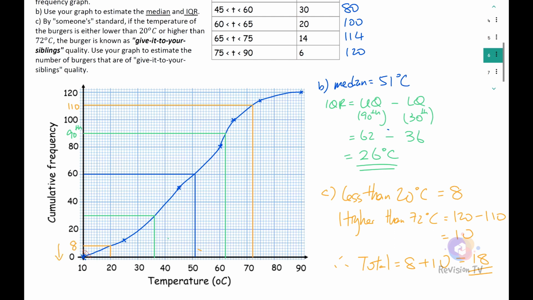And then higher than 72: when you go up from 72 degrees, there are about 110 burgers, more or less. You want it to be above 72, so as you stretch further away from the end of the graph, you do the same on the y-axis as well. So between 120 and 110, there are 10 burgers that are higher than 72 degrees. They're boiling hot, really, wow. And so in total, there are only 18 burgers that are give it to your siblings quality, okay?